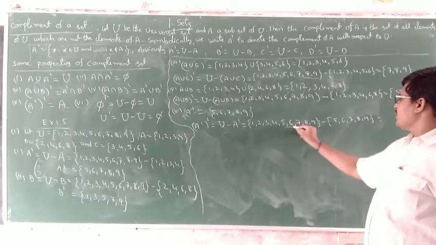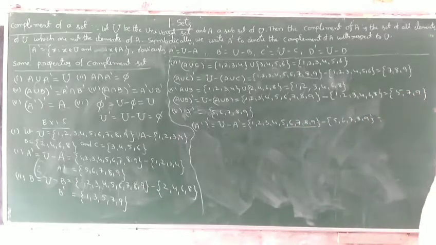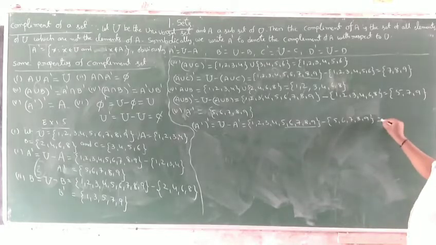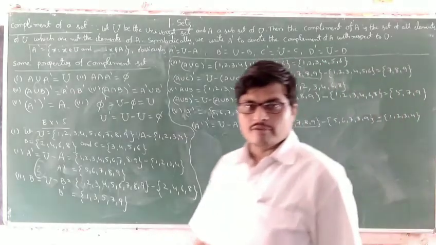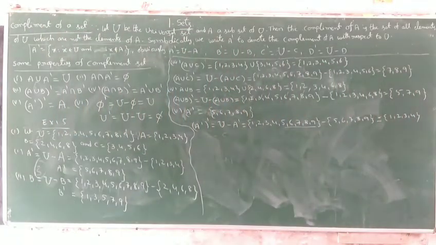So remove 5, 6, 7, 8, 9 from the universal. The remaining elements are 1, 2, 3, 4. Okay, clear.